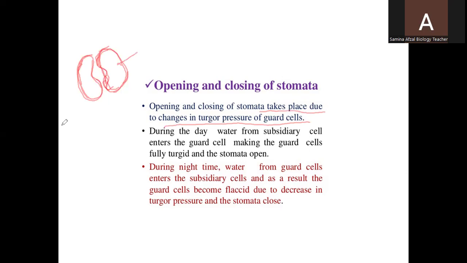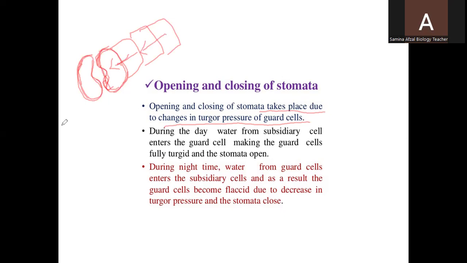That is the reason the water from subsidiary cells enters into the guard cell, due to which they become turgid, and due to this turgidity, they are open. They are open, and we say that stomatas are open.